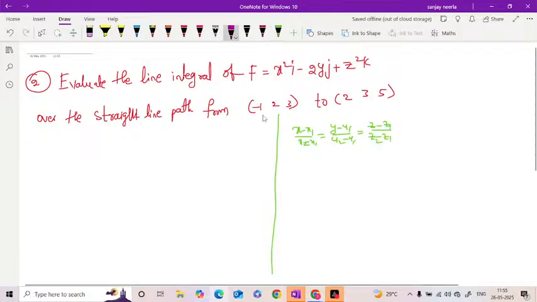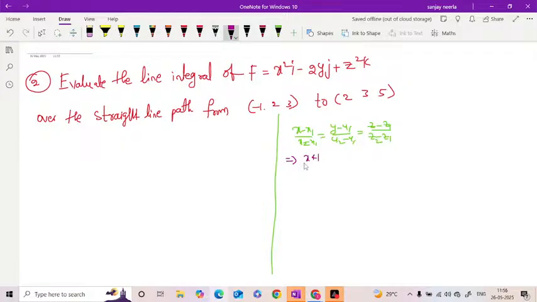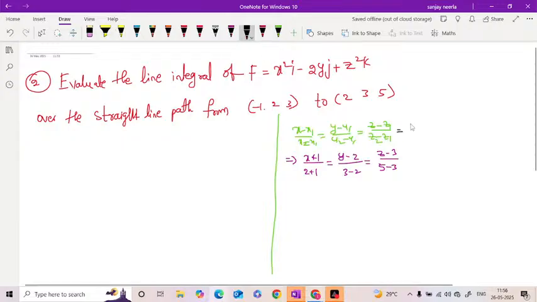Okay, now assume this is x1 y1 z1, this is x2 y2 z2, then we will get (x + 1)/(2 + 1), and (y - 2)/(3 - 2), and (z - 3)/(5 - 3) is equal to t, because we want to find the parametric form.